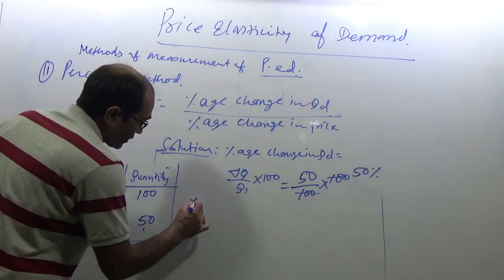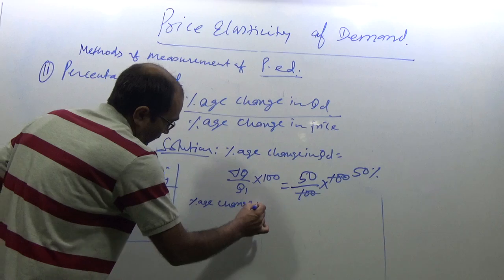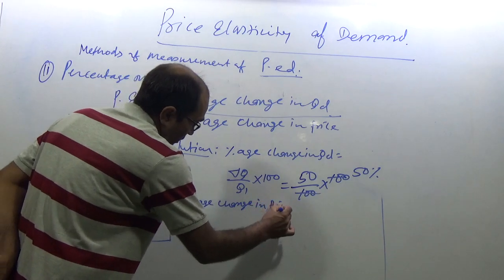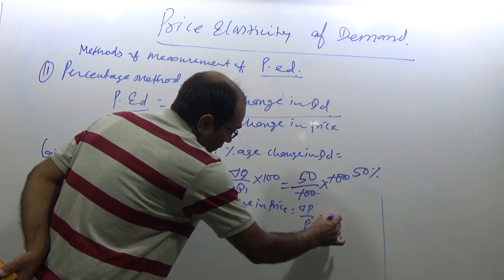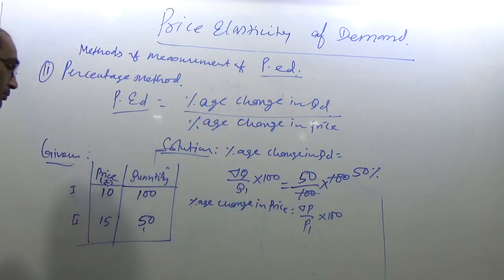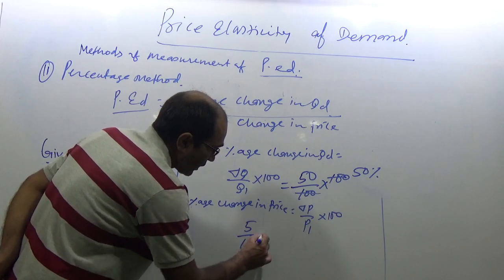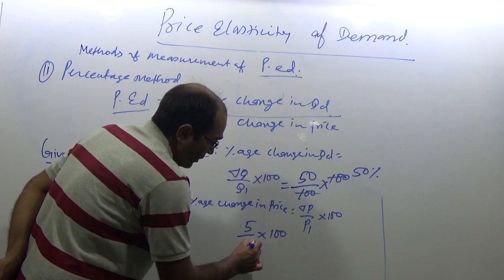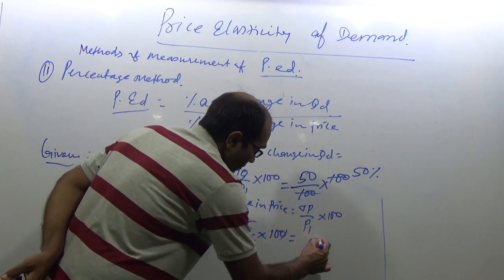Next, percentage change in price equals delta P upon P1 into 100. Delta P 15 minus 10 equals 5 upon original price 10 into 100. Zeros cancel, 5 10s are 50.